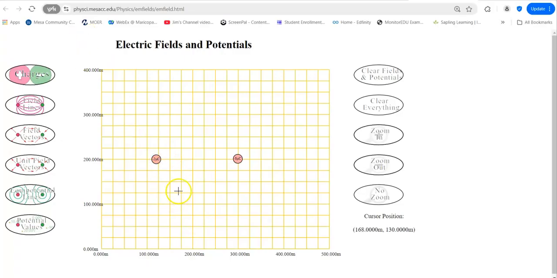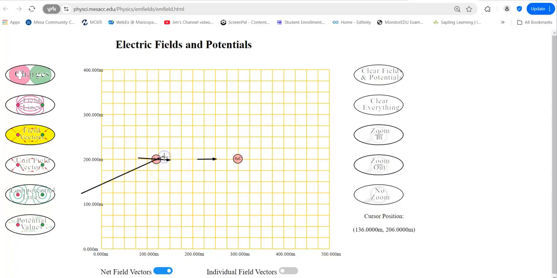And so, if we put field vectors here, like in the center here, notice the electric field is pointed to the right. Over here, the electric field will also be pointed to the right.